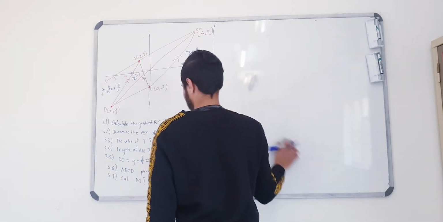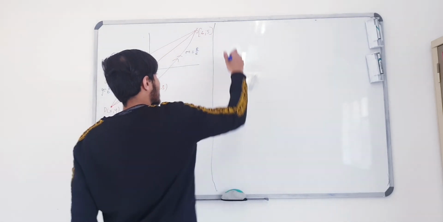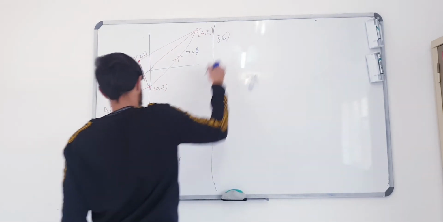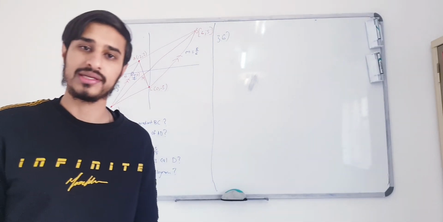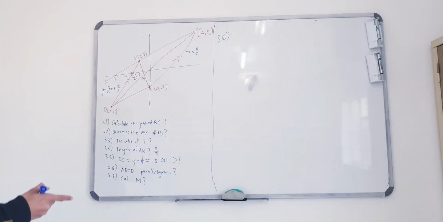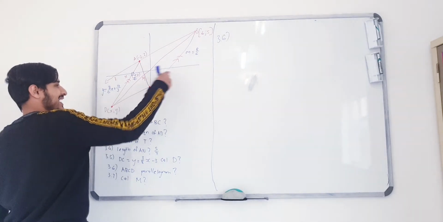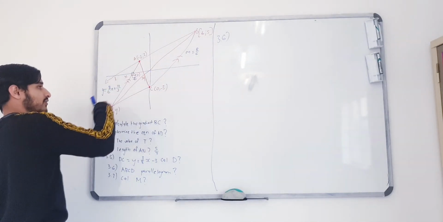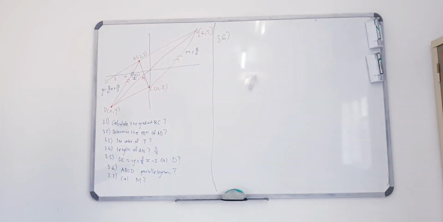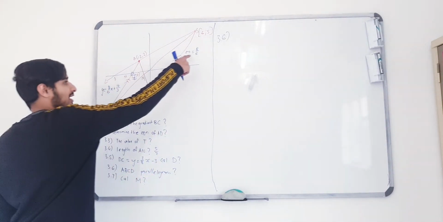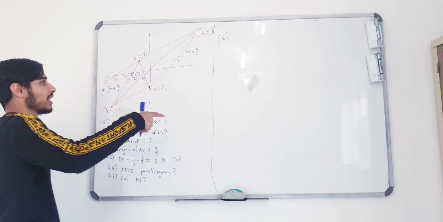What can we do for this next one? It says show that ABCD is a parallelogram, youngsters. It's quite simple. We already know that if two sides are parallel, you don't even necessarily have to work out the distances. Can you see the gradients of here and here are equal?